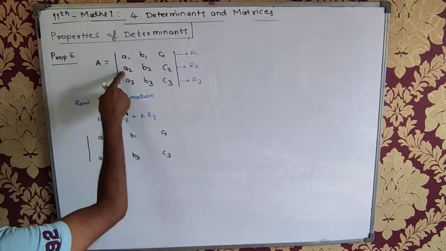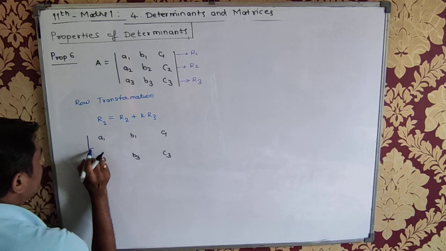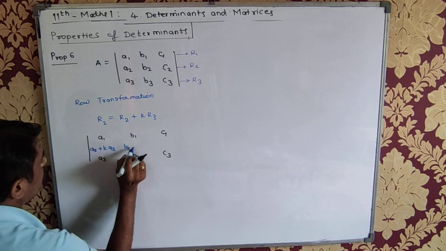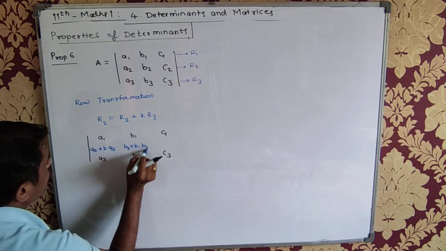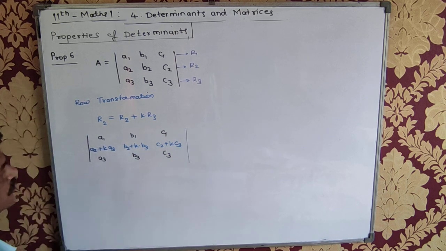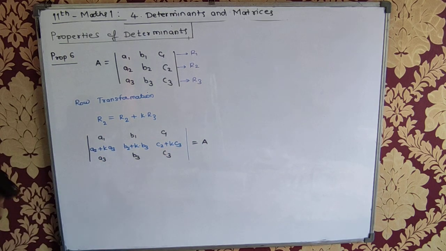R2 is equal to R2 plus K times R3, so it becomes A2 plus K times A3, B2 plus K times B3, and C2 plus K times C3. Is this okay? Yes. This is called a row transformation. This can be carried out for any of the rows. And after doing this row transformation also, the value of the determinant remains the same. Is this okay?